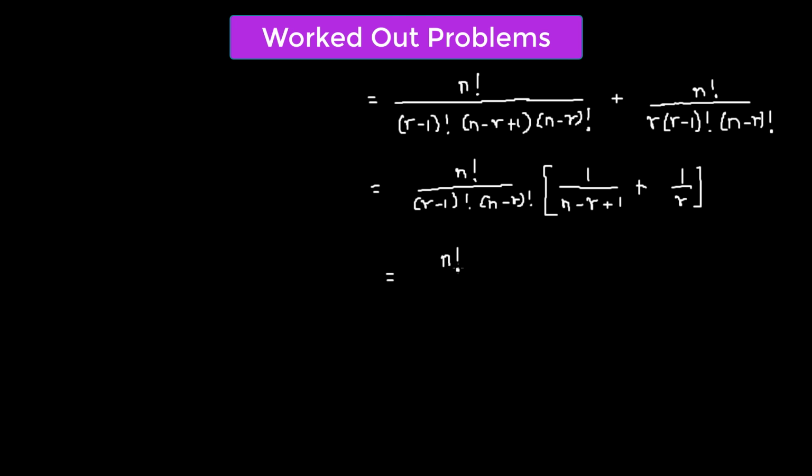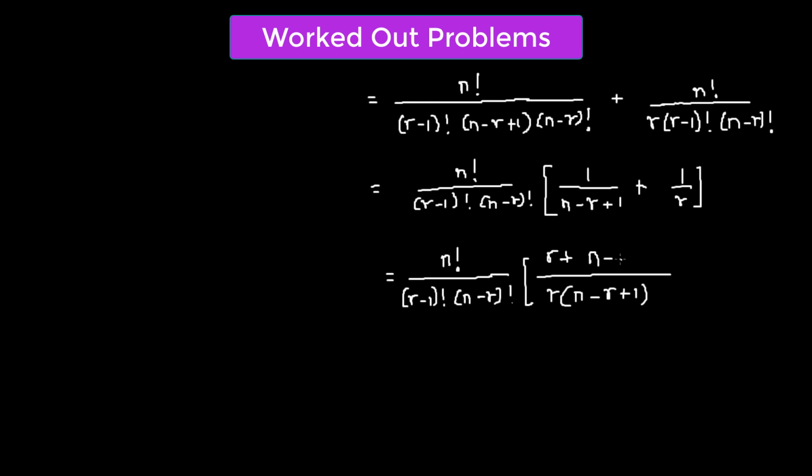That should give us n factorial over (r minus 1) factorial times (n minus r) factorial, times the numerator: r plus (n minus r plus 1), over r times (n minus r plus 1).